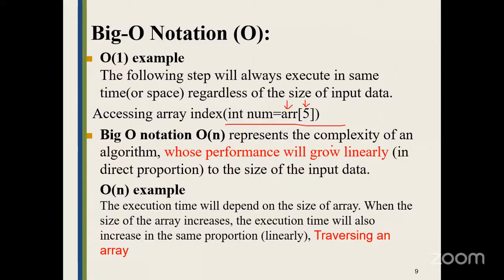I want to access the element available at index 5 in the array ARR and assign it to the variable number. This step will always execute in the same time and take the same space, regardless of the size of the input data.